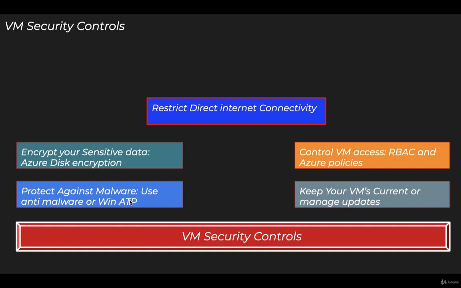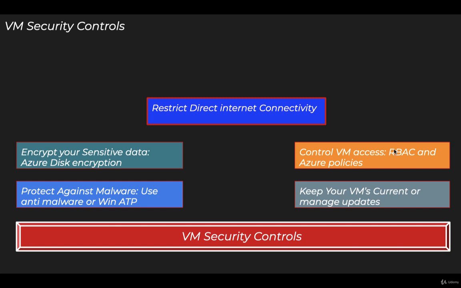Then the other control to secure our virtual machine is to control the VM access, which we can do with the help of role-based access and Azure Policy. With role-based access, there are a number of options we can provide.